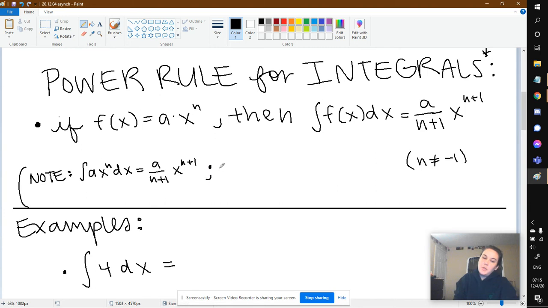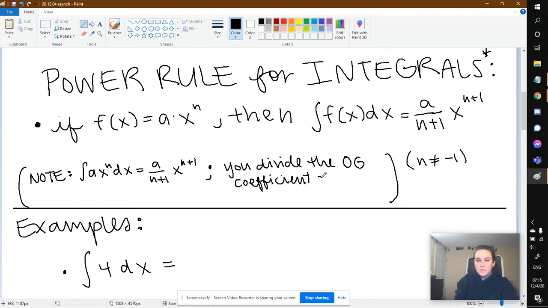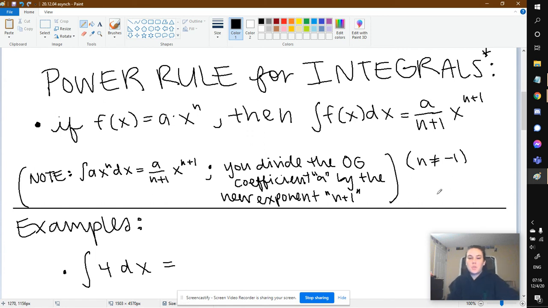And what you're doing, you divide the original coefficient a by the new exponent, n plus 1. So I just wanted to write that out in English because sometimes that's easier to read than in math.